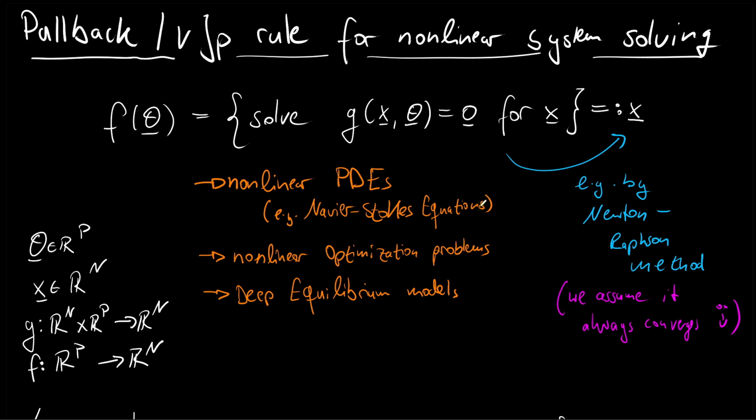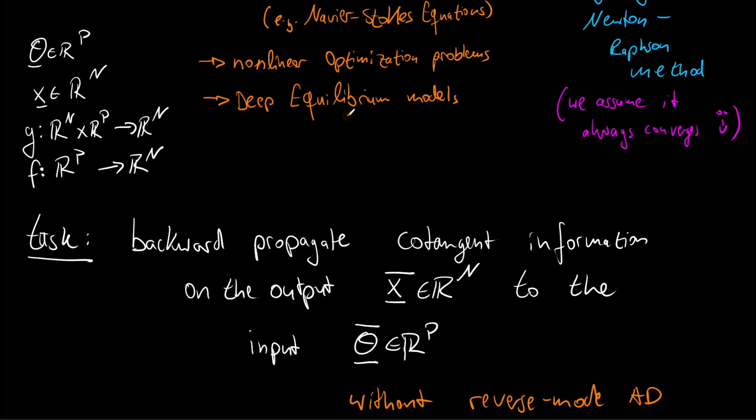Okay, let me quickly summarize that. In this video we looked at a custom pullback or vector-Jacobian product for the solution to nonlinear systems of equations, which appear in nonlinear PDEs, nonlinear optimization problems, or deep equilibrium models. In a lot of cases, we are interested in not just solving the primal problem, but also in the propagation of tangent information. For instance, in PDEs, you might want to do some design optimization. There are two main options.